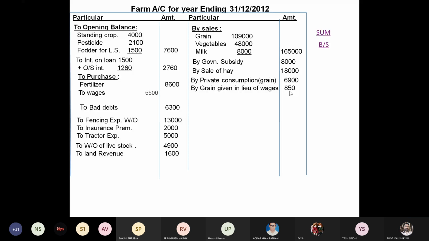Second effect, it is added in the wages, current wages 5,500. Total wages 6,350. Contra entry.